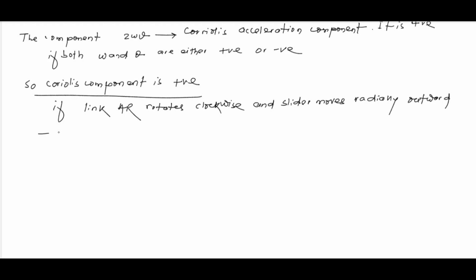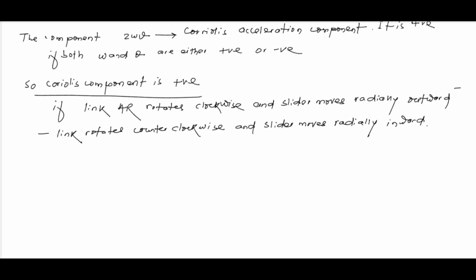Or you can say the link rotates counterclockwise and the slider moves radially inward. In both these cases, the Coriolis component will be positive. Otherwise, it will be negative. So you have to remember this condition.